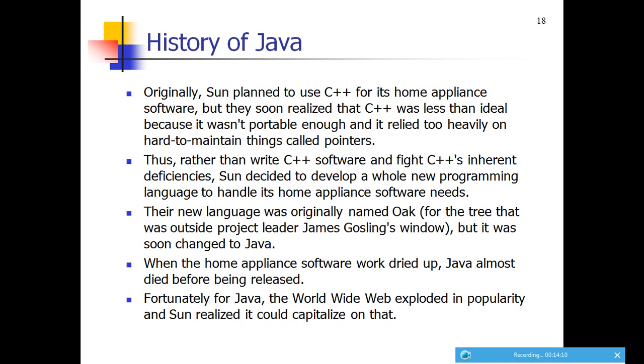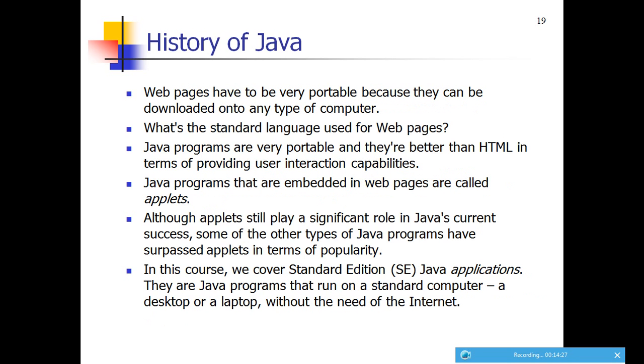When the home appliance software work dried up, Java almost died before being released. Fortunately for Java, the World Wide Web exploded in popularity, and Sun realized it could capitalize on that. Web pages have to be very portable because they are downloaded onto any type of computer. What's the standard language used for web pages?